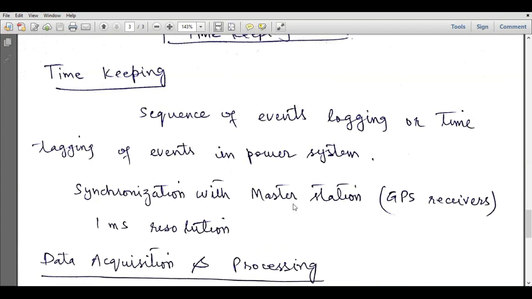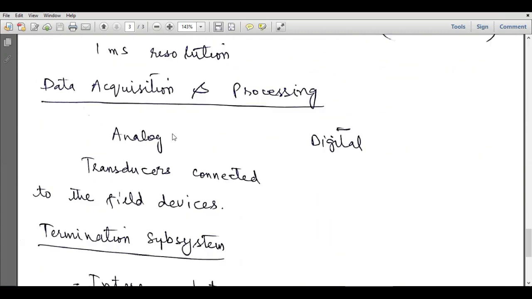So for this synchronization, GPS receivers are used, and 1 millisecond resolution is actually present. So whoever has been logged into the network is actually called timekeeping. So the record of those logging or time tagging of events in power system is called timekeeping.